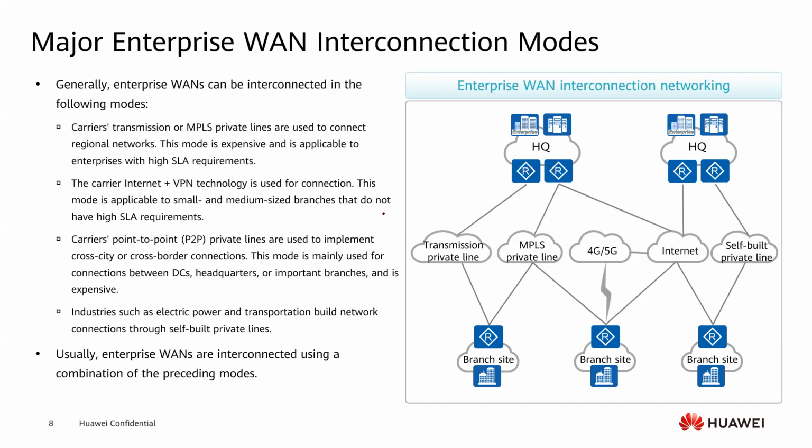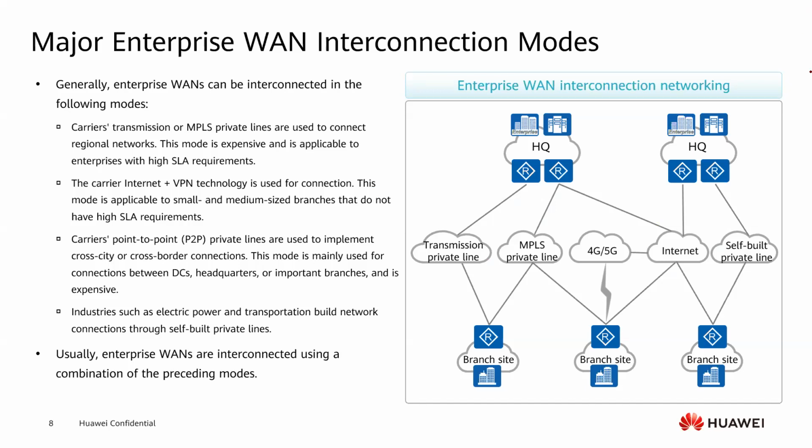Maybe later, when we talk about SRv6 and those kinds of techniques, we will talk about the WAN again. But for today and tomorrow's course, we will only talk about WAN interconnection.